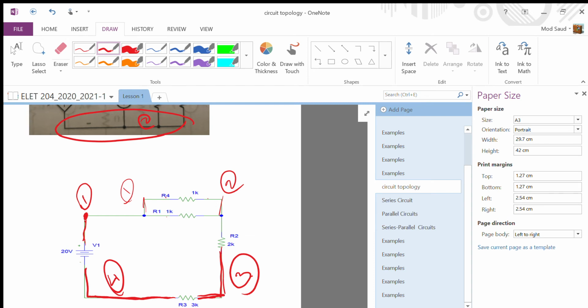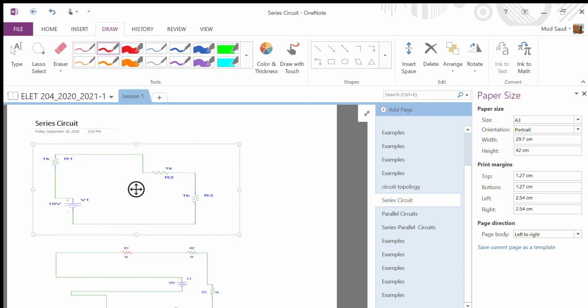I will use this idea to identify different circuit type topology. I will start with the series circuit. In a series circuit, sometimes they call it node-to-node connected circuit, i.e., each node connecting only two elements.